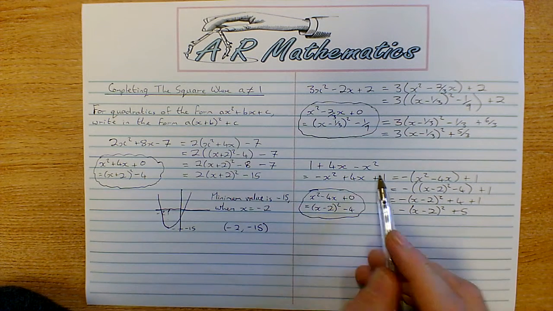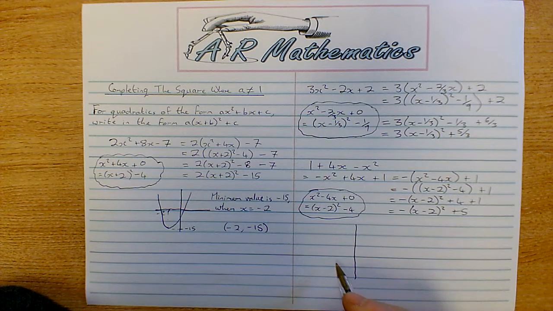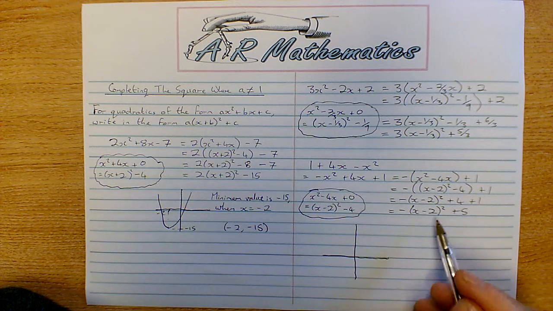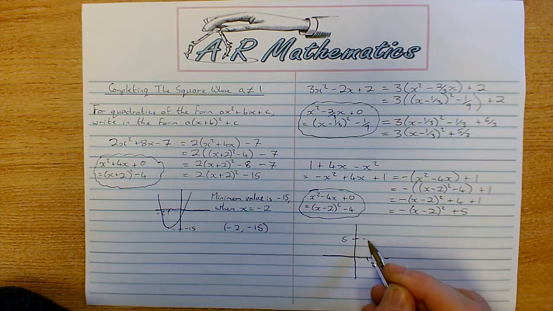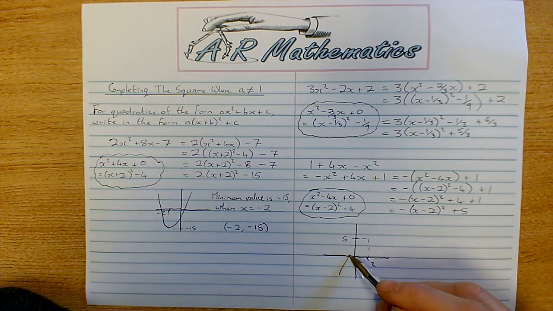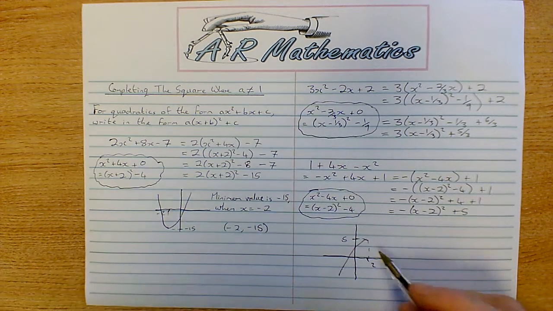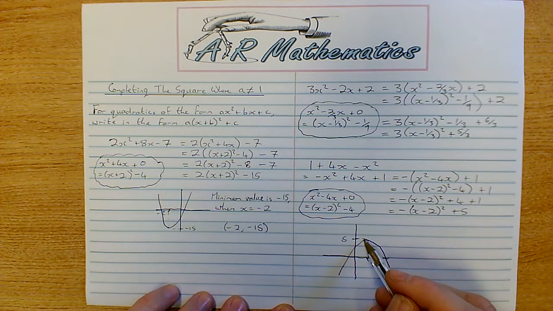Now this time we have a negative x squared graph, so if I sketch this one, then it's going to be an n-shaped curve instead of a u-shaped curve. So it's going to be moved 2 to the right, 5 up. So instead of having a minimum value like we had before, we actually end up having a maximum value. So the maximum value is the highest point that the curve can take.